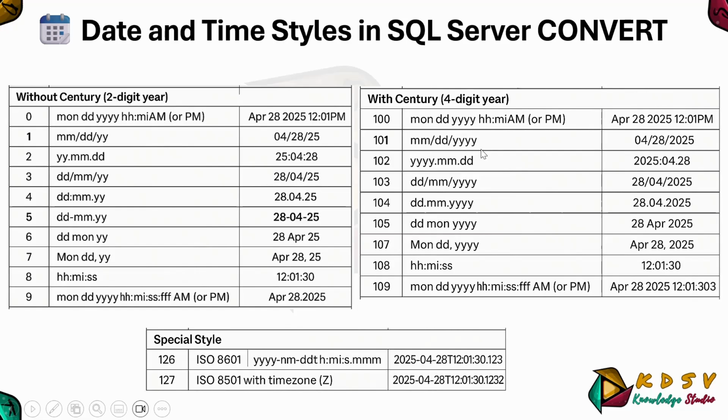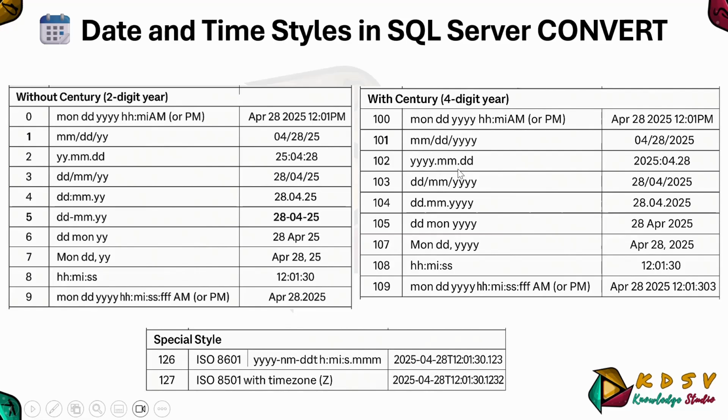If you want MMDDYY, you can use 101, and we have used 103, which is DDMMYY, and 102 is YYYYMMDD with the dot separator.